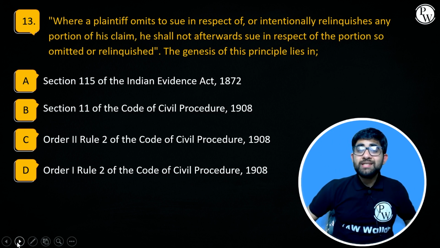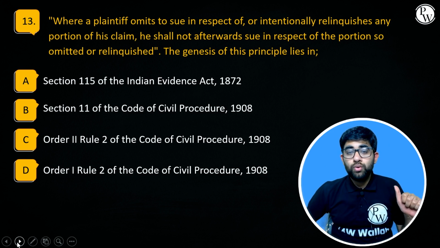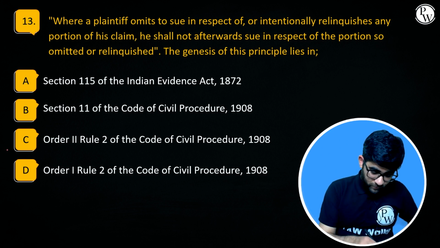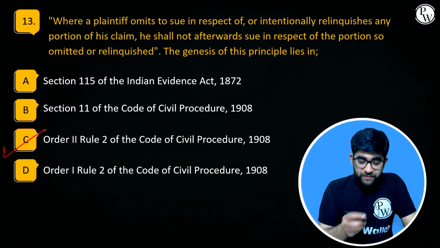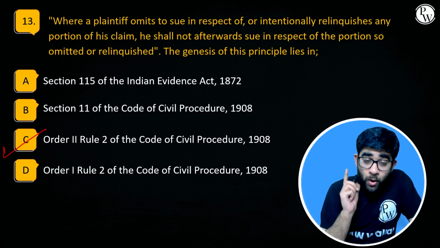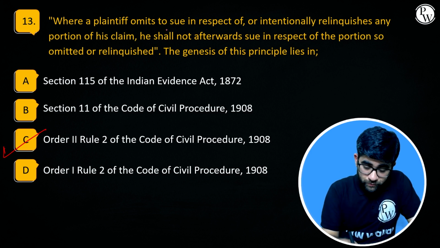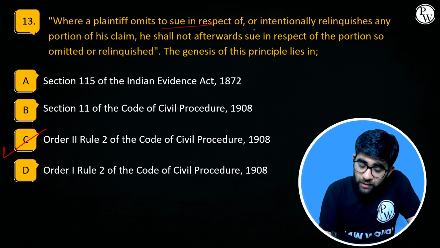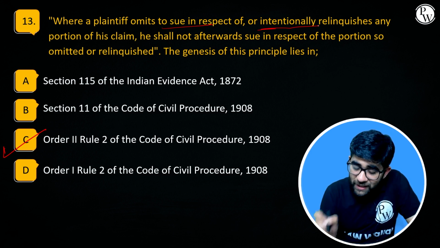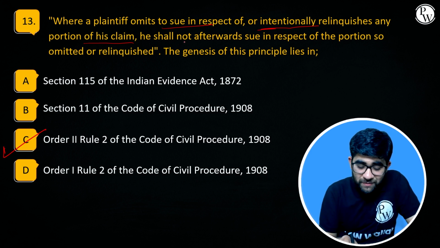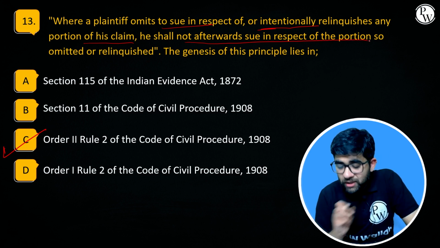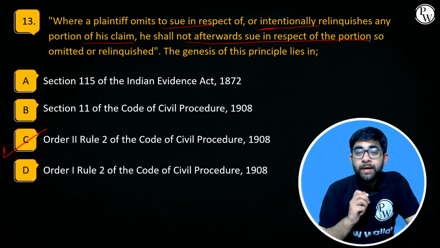The answer to this is Order 2 Rule 2 of the CPC. Where a plaintiff omits to sue in respect of or intentionally relinquishes any portion of his claim, he shall not afterwards sue in respect of the portion so omitted or relinquished.